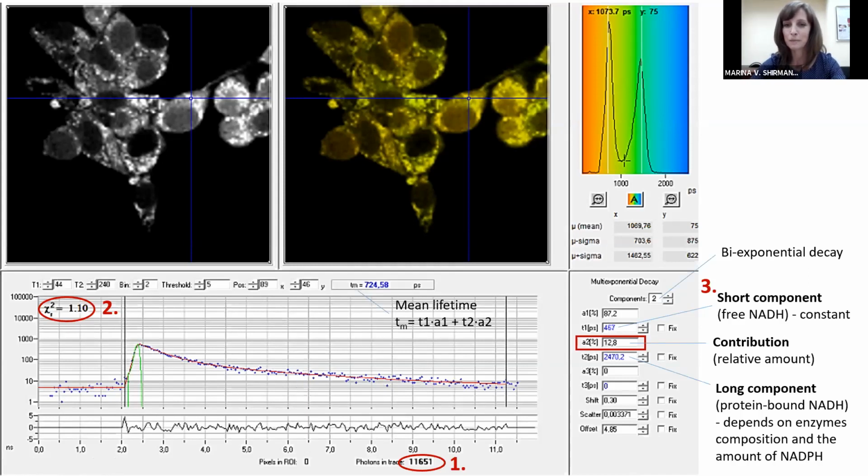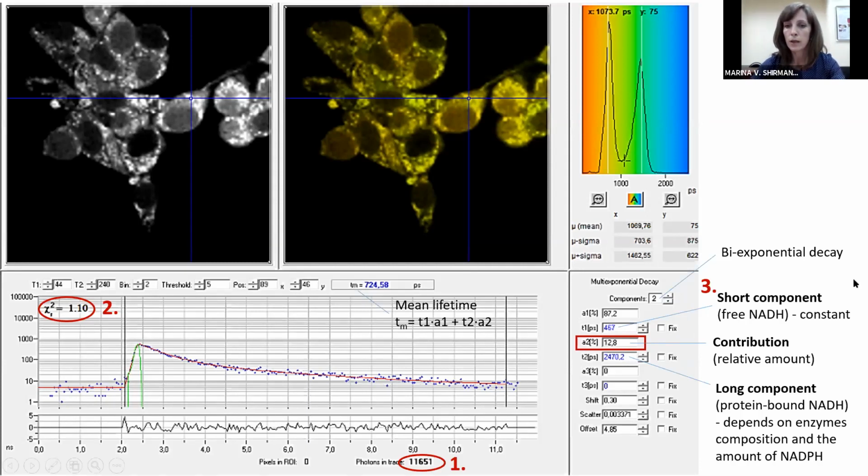What do we have here? We have the T1 value, the short fluorescence lifetime component, free NADH. This value in physiological conditions is almost constant. We also have the T2 value. This is the long component, protein-bound NADH lifetime. This value is variable because it depends on enzyme composition and the amount of NADPH with long fluorescence lifetime in cells, if it is present.